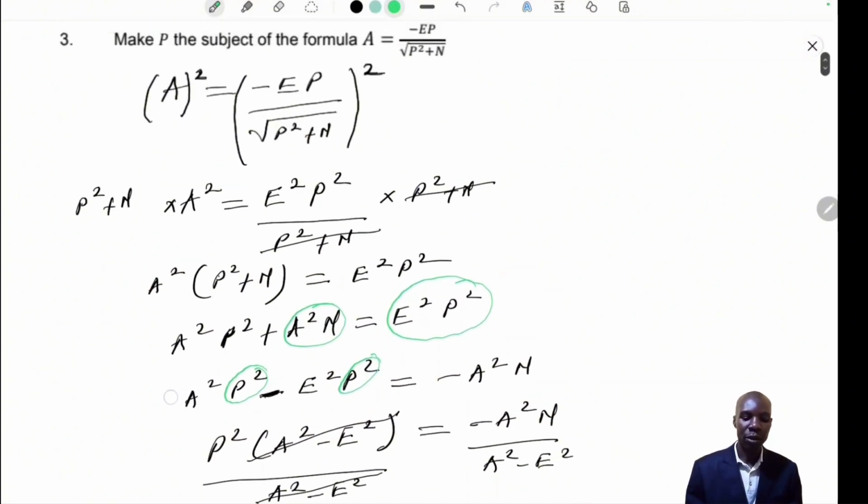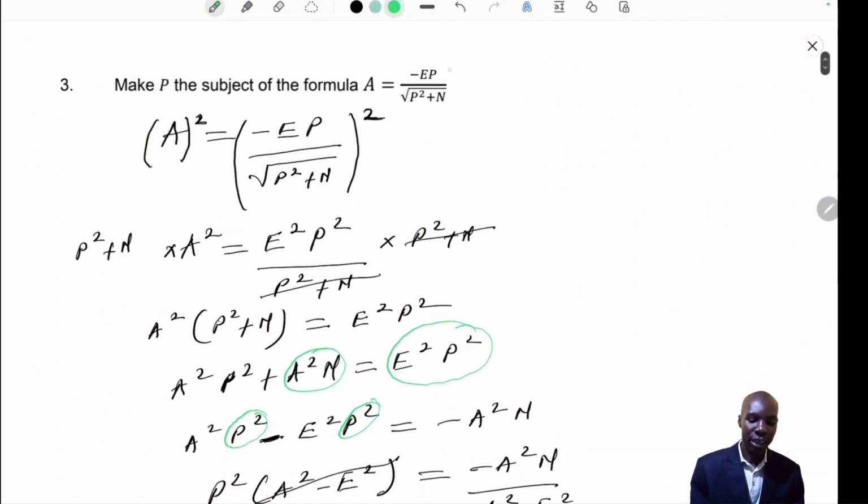The formula was a equals minus ep over root of p squared plus n.